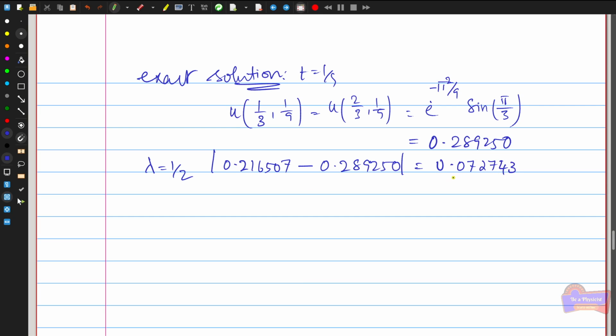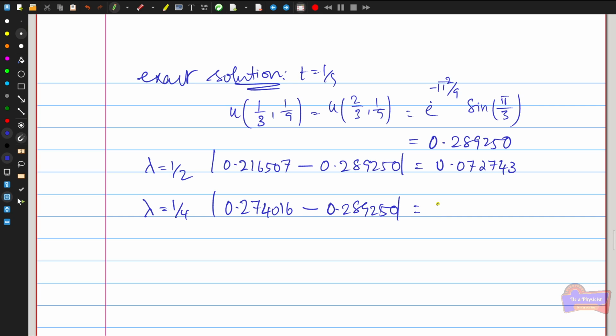That is the error calculated for lambda equal to 1 by 2. Similarly, for lambda equal to 1 by 4, we have the numerically calculated solution 0.274016 minus the exact solution 0.289250, which is equal to 0.015234.